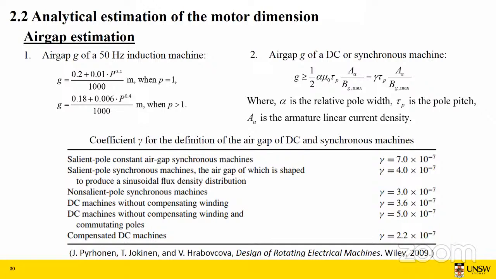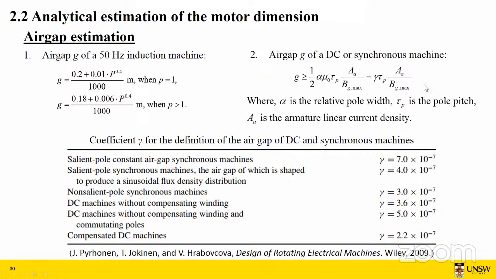To meet this condition, we have this equation. This is already simplified. The derivation process is a bit long, so if you're interested, you can read the textbook, Design of Rotating Electrical Machines.